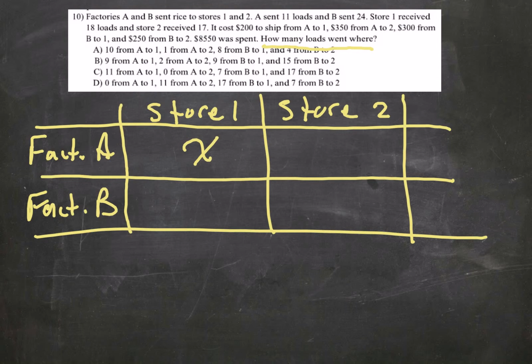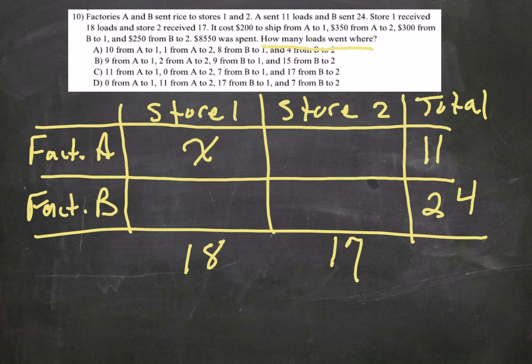So let's look at Factory A, and this will be a total. This is the total loads sent from each factory. Store 1 received a total of 18 loads, and we'll come back and fill in our variables. And then Store 2 received a total of 17 loads.